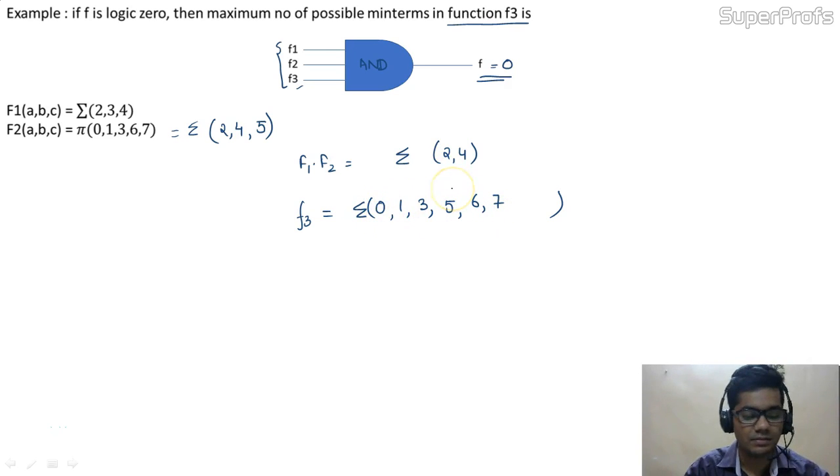So these are the possible minterms that can be present in function f3, because there would be no common minterms, therefore the output would remain 0. But instead, if there is an OR gate, then we are going to take all the minterms present in f1, f2 and f3. So this is our answer, which is f3. The minterms are 0, 1, 3, 5, 6 and 7. Okay students, so this was the example.